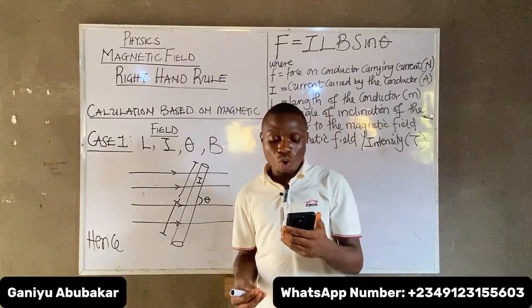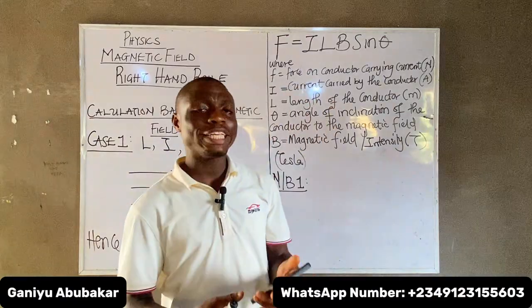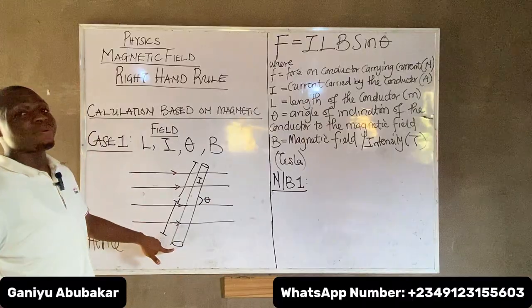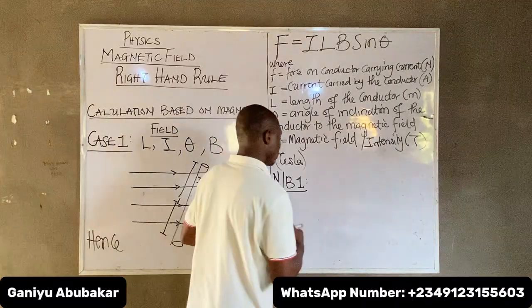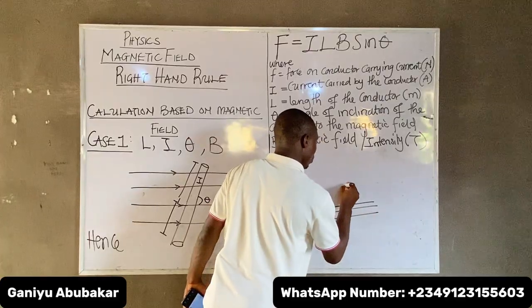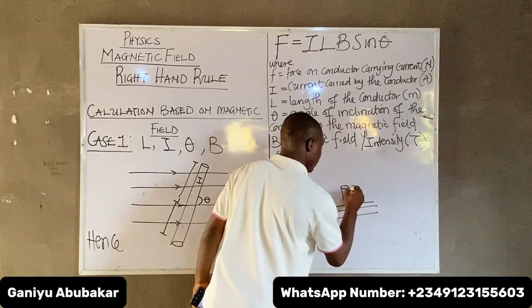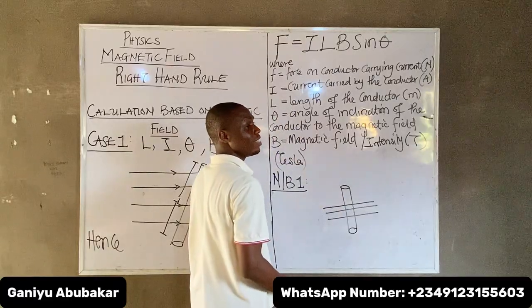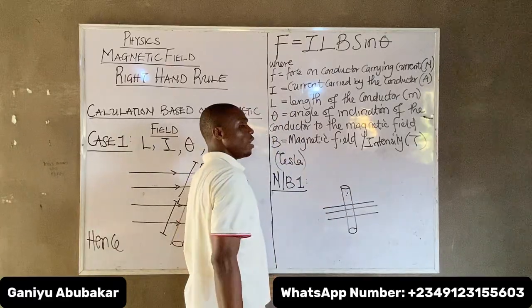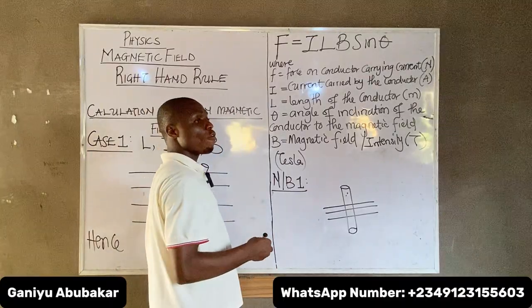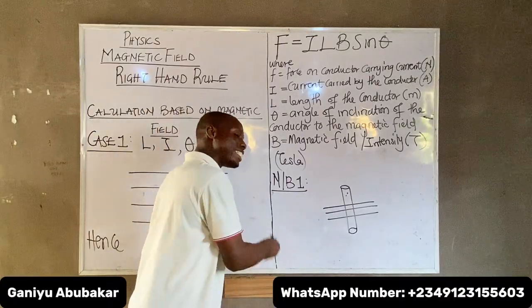Whenever the conductor is like this, forming 90 degrees, the magnetic force will be at maximum.